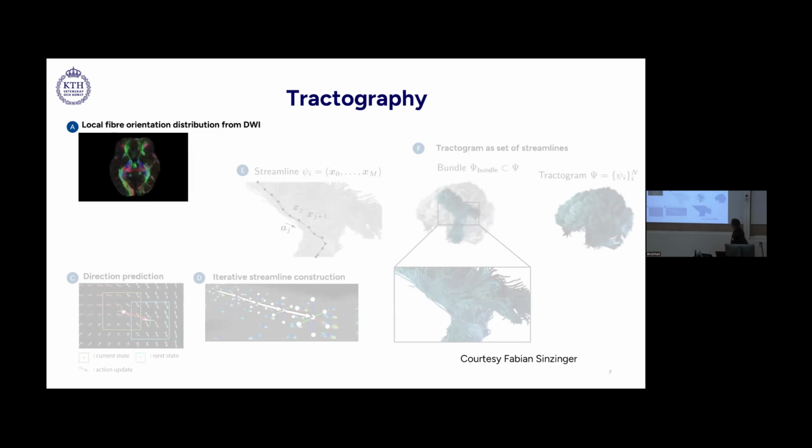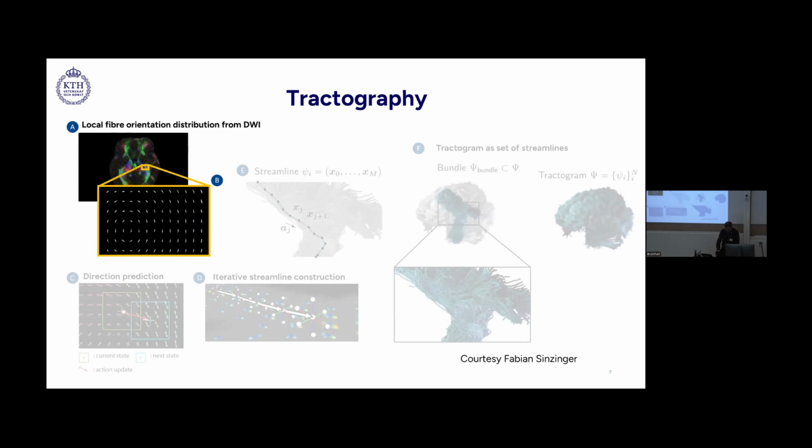But first, let's revise a little bit what tractography is. The idea is that you first have your acquired diffusion data. This data is diffusion weighted MRI, where in every voxel you measure the probability of water molecules moving in a specific direction.